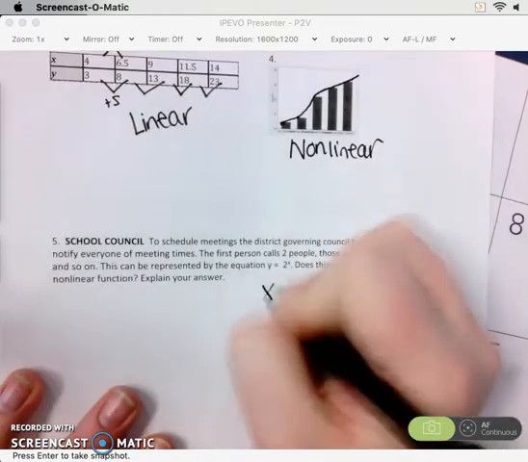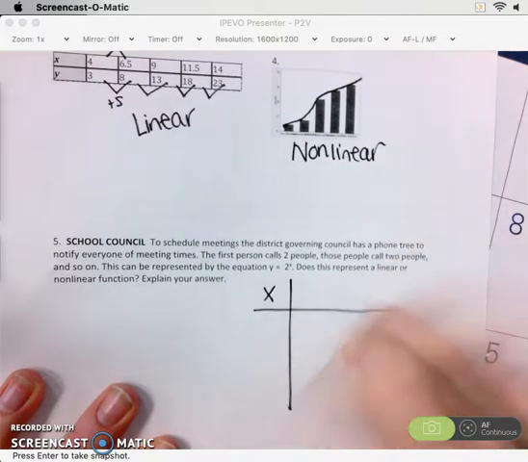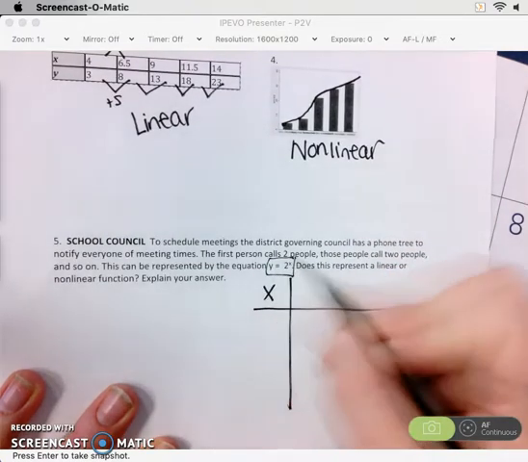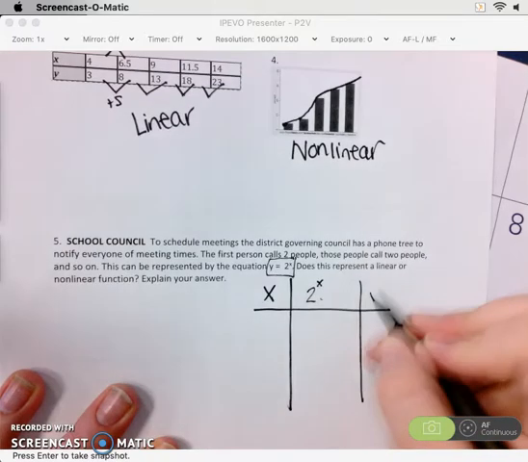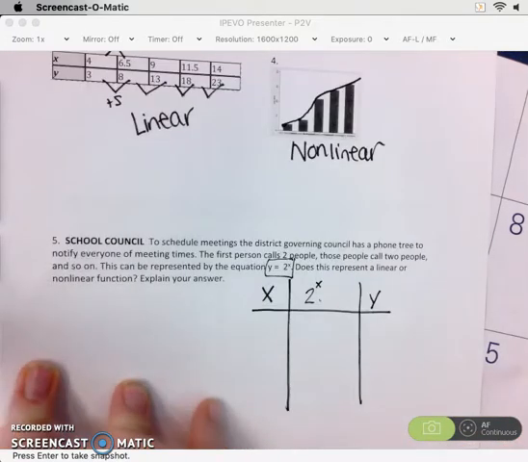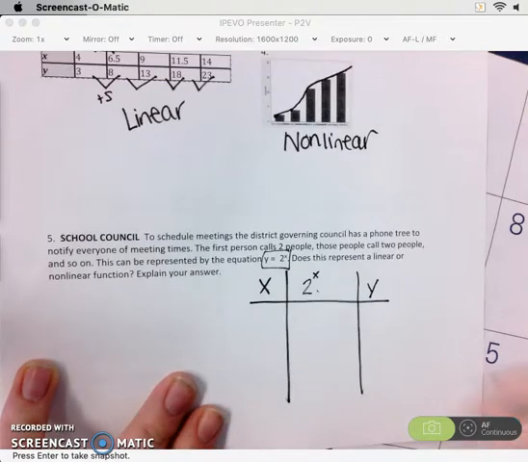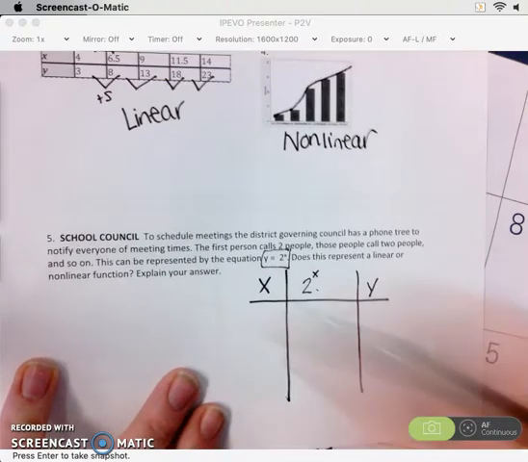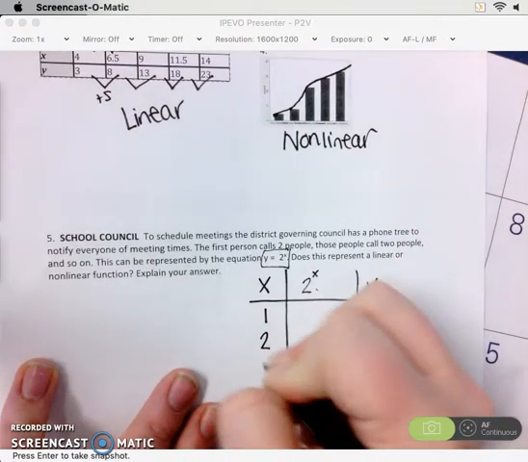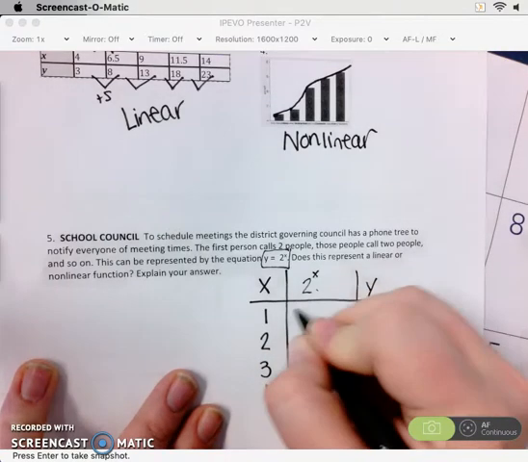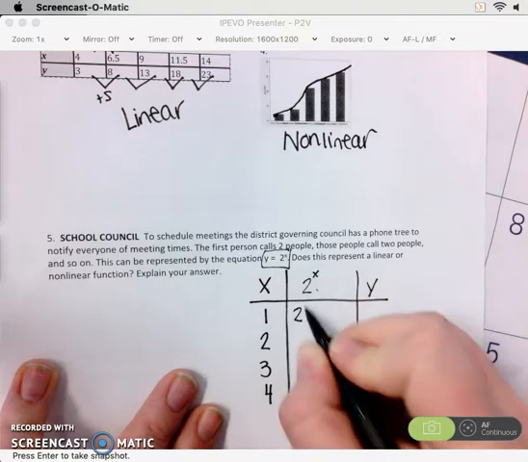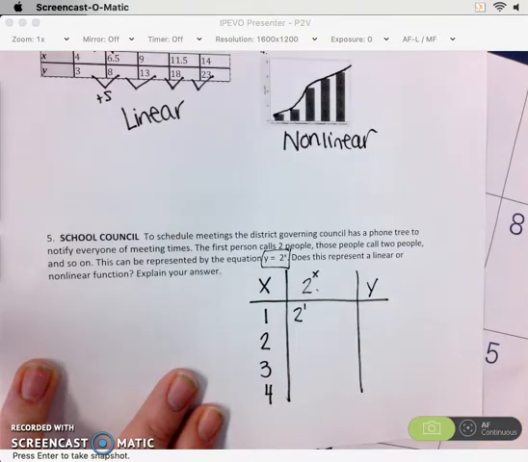So x, my equation goes inside here. So 2 to the x power, and then y. And for this one, because it's to the x power, I'm actually just going to use my positive. So 1, 2, 3, 4. And then it's 2, and instead of x, I'm going to replace it with 1.